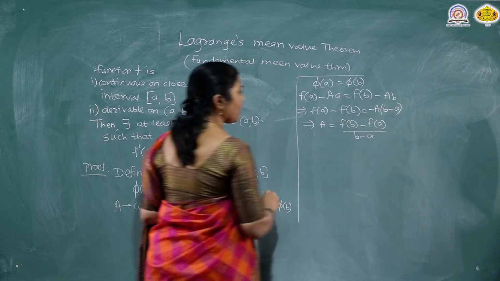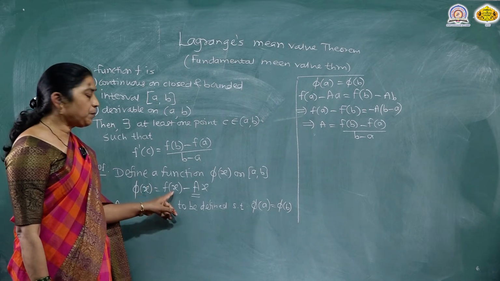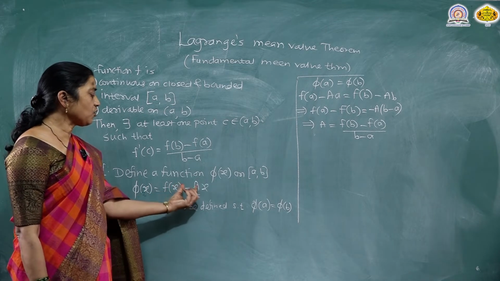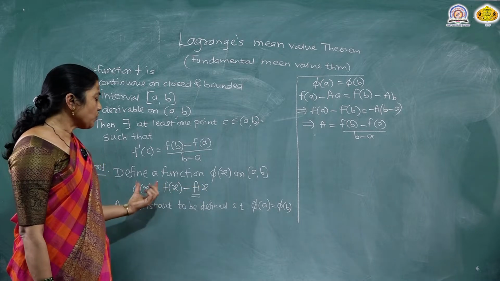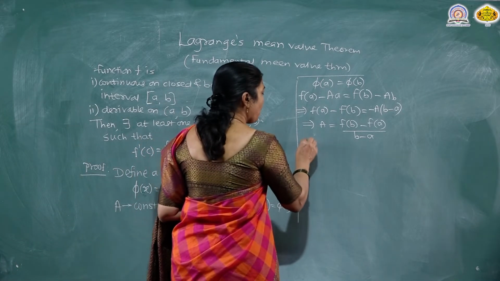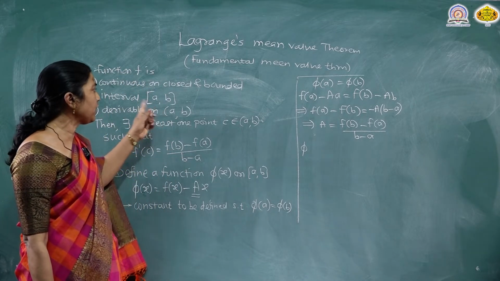Now observe our definition of phi. It depends on f(x) and it is a linear combination of this. So phi(x) is f(x) minus Ax implies that phi is obviously continuous on closed and bounded interval [a, b].